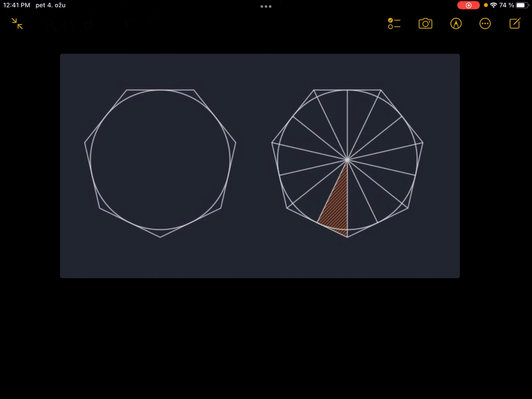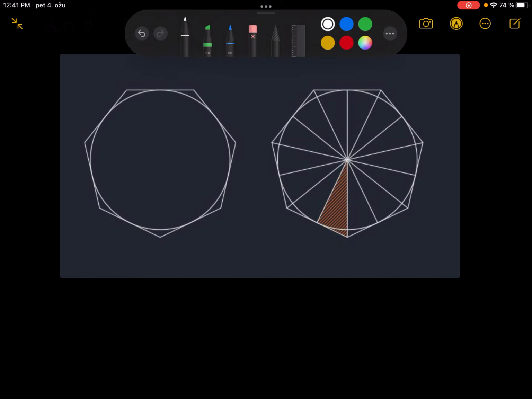Okay, I've also connected all of the vertices to the same center, and as a result I got exactly 14 identical right triangles. And so in the general case we'll get 2n right triangles.